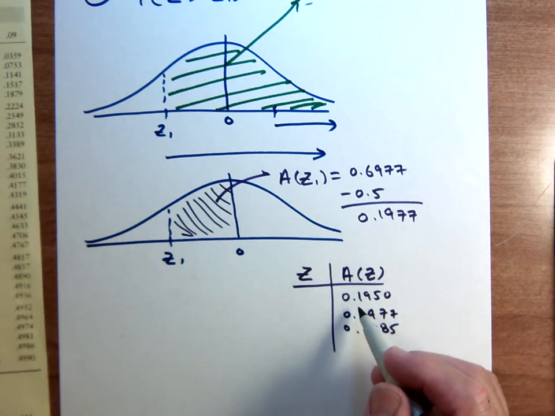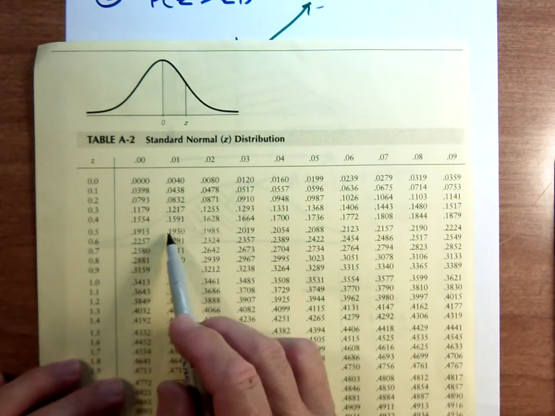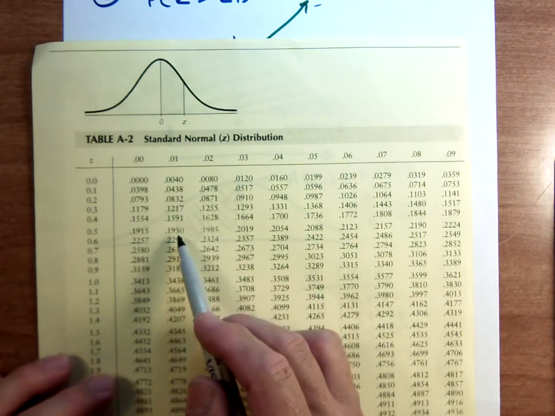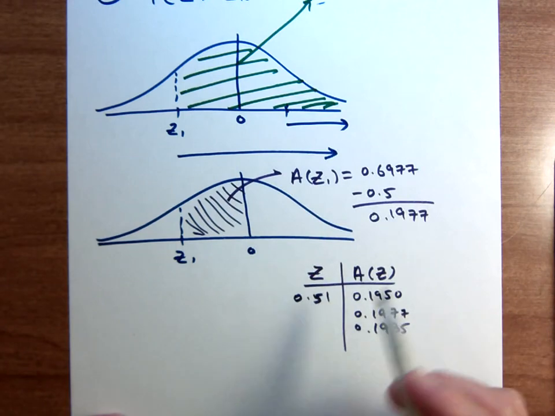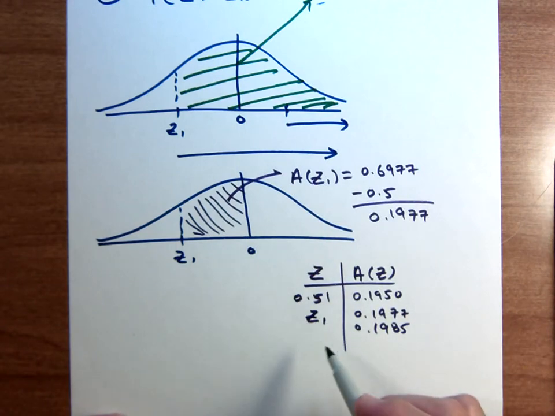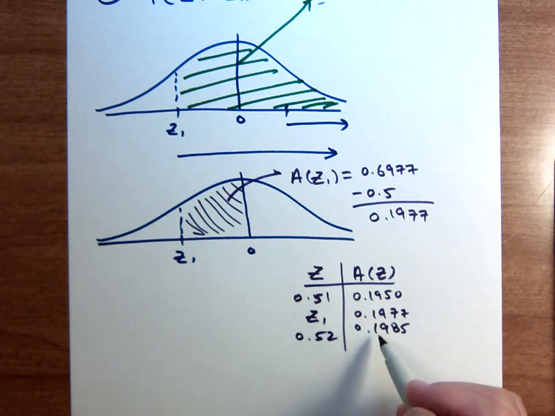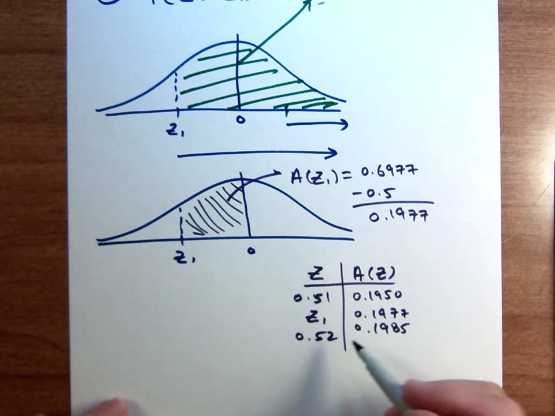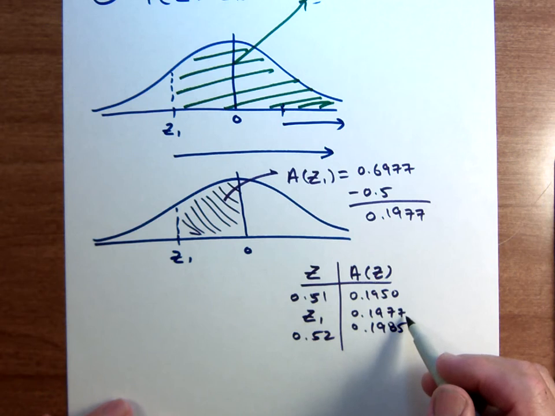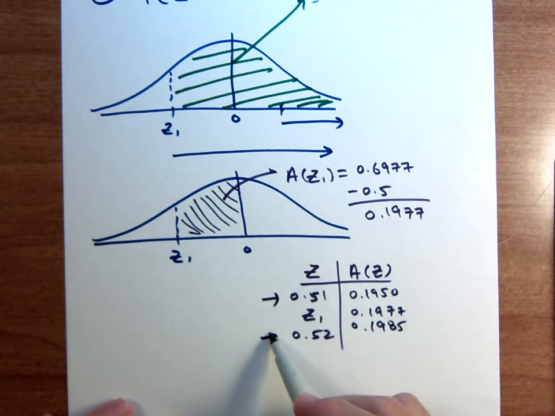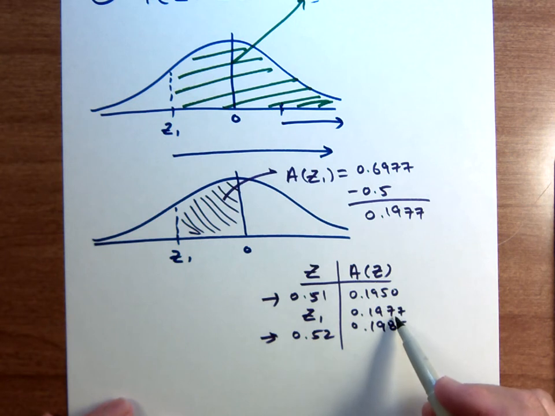0.1950 corresponds to the z value of 0.51. This is the z1 we're after, and 0.52 goes with 0.1985. You do need to look at these numbers carefully and decide which of the two z values gives the A that is closer to 0.1977.